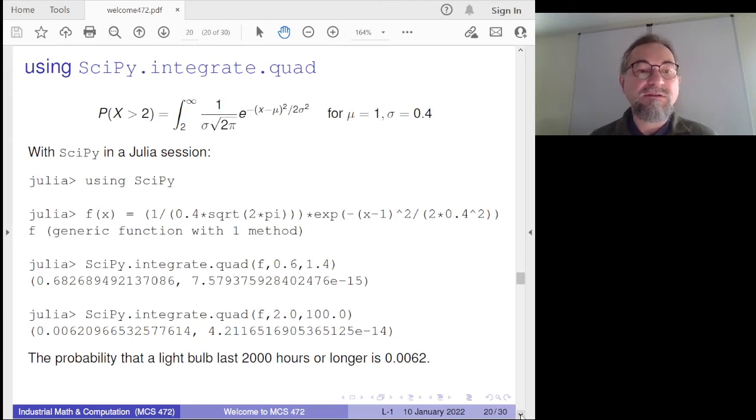Alright, the answer is using numerical quadrature. In MCS 471 we spend an entire week on techniques. So here what is mostly important is that you find the right software for doing this.